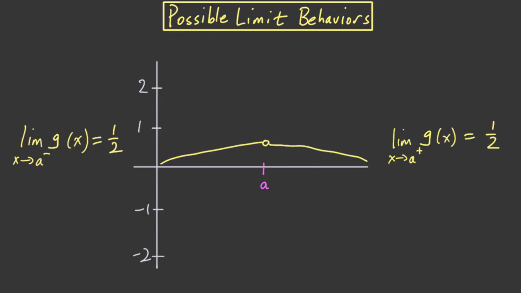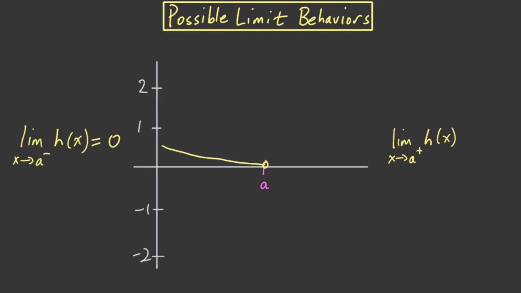But sometimes the limits themselves don't exist. So you saw another function, h, where as x approached a point from the left, the limit was perfectly fine, and I think it was 0. But coming in from the right, the value of the function just kept getting bigger and bigger without bound.